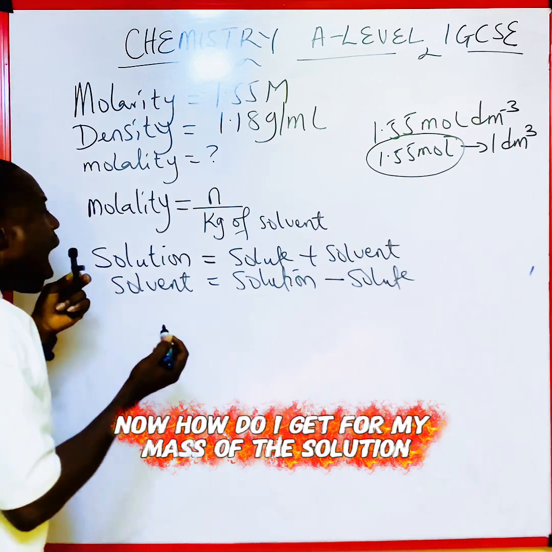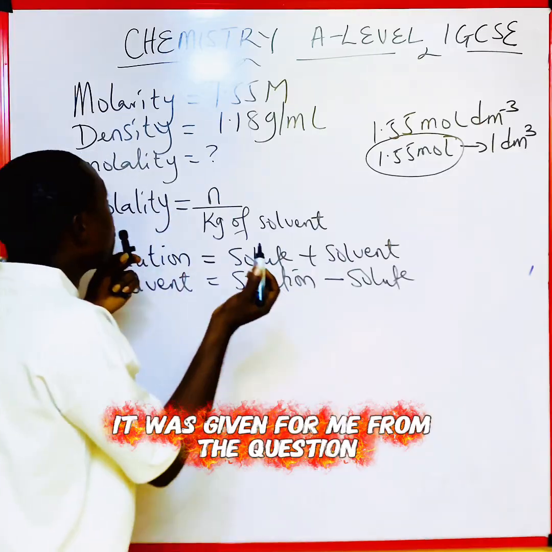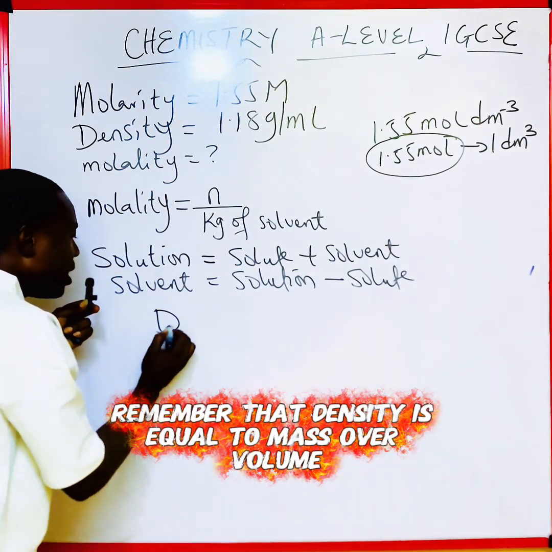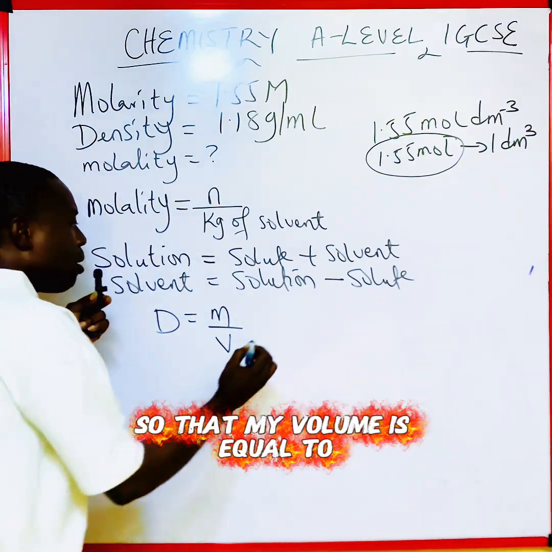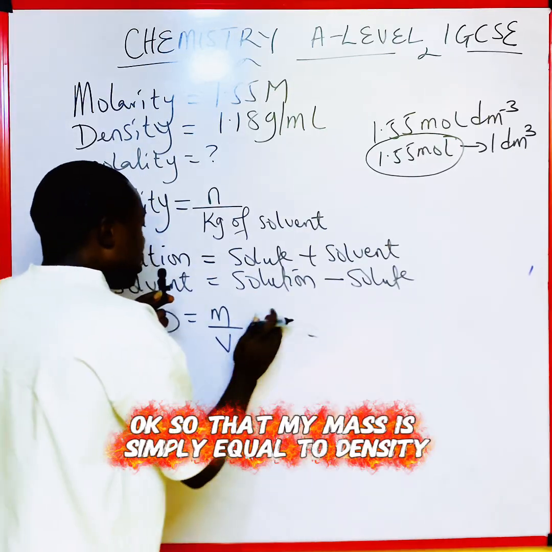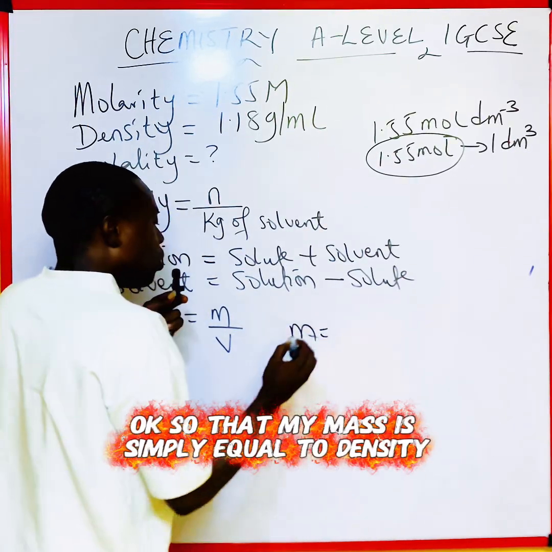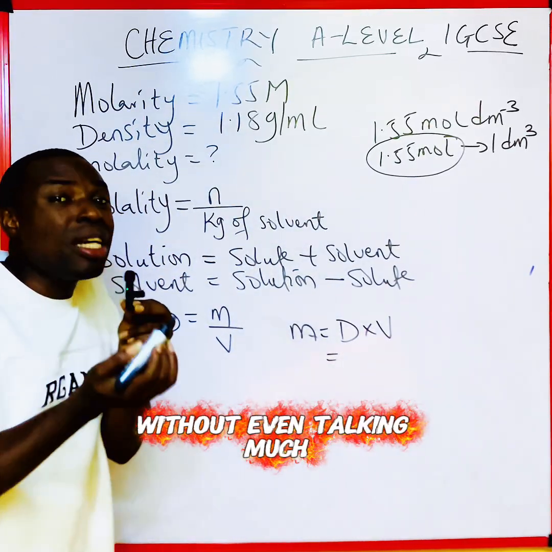Now, how do I get for my mass of the solution? It was given for me from the question. Remember that density is equal to mass over volume, so that my mass is simply equal to density multiplied by volume. Simple, without even talking much.